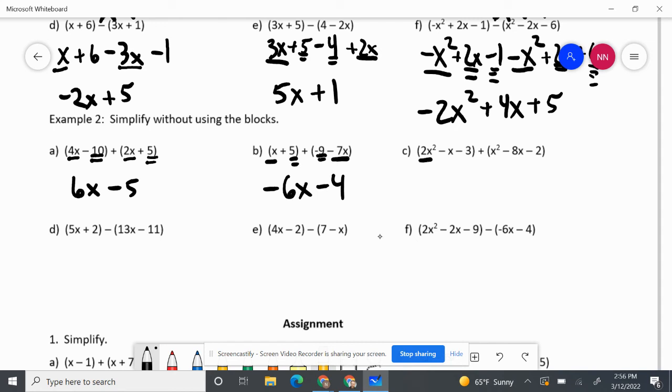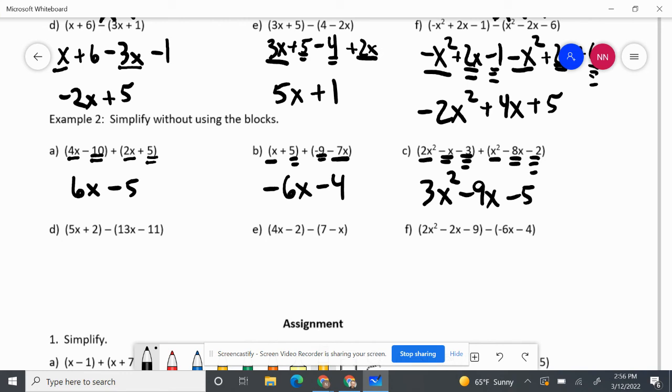We have 2x squared, and x squared would be 3x squared. We have -x, we have -8x. Since both of them are negative, that would be -9x. And subtraction and negatives I'm kind of treating interchangeably. If I'm subtracting 3, or think of it as a -3 and a -2, that would be -5.